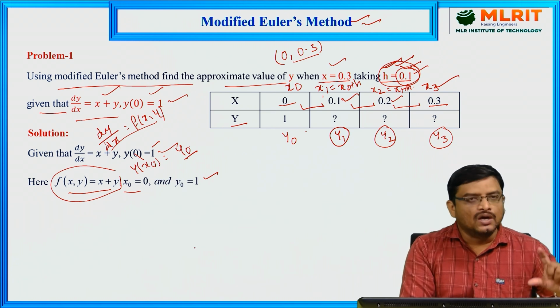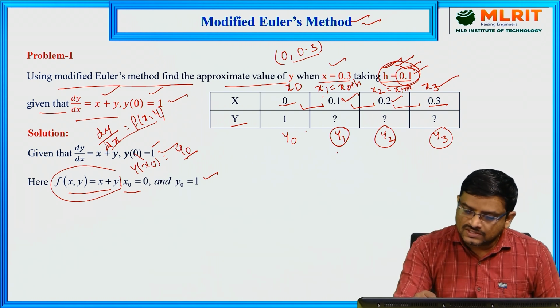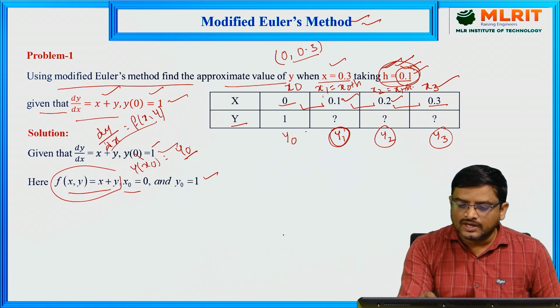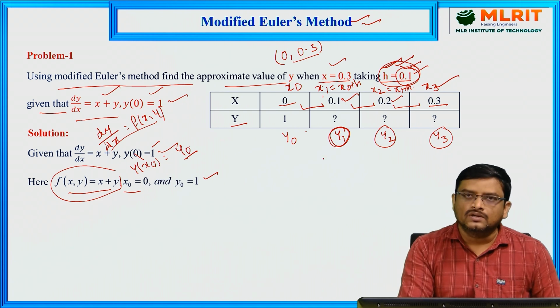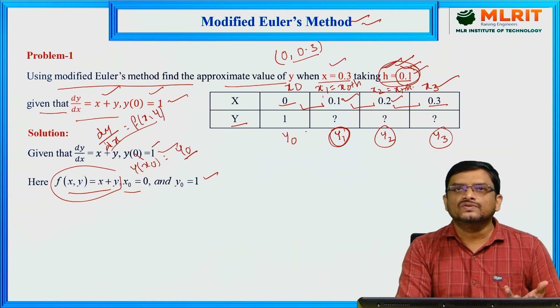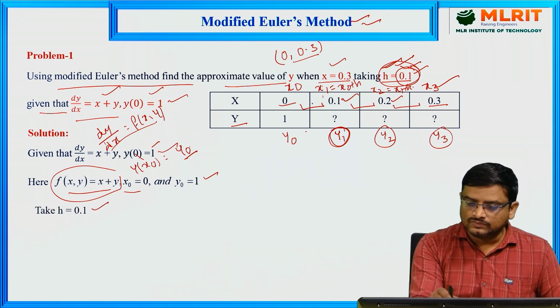Now according to our modified Euler's procedure, my task is to get the value of y1. In order to get an accurate value for y1, first I will take a rough estimation of y1 by using Euler's method. Now take the h value.